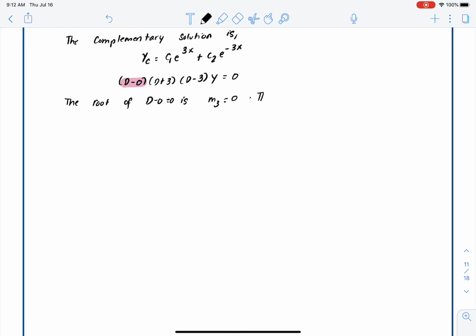So the form of the particular solution is yp equals some constant c3 e raised 0x, which is simply c3.